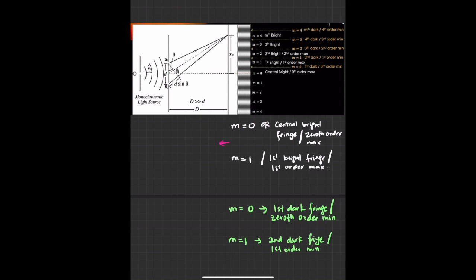So for bright, we will use the equation ym equal to m lambda D over d. For dark, we will use ym equal to (m plus half) lambda D over d. ym is the distance of m from the central to the bright fringe, or from the central to the dark fringe for dark.